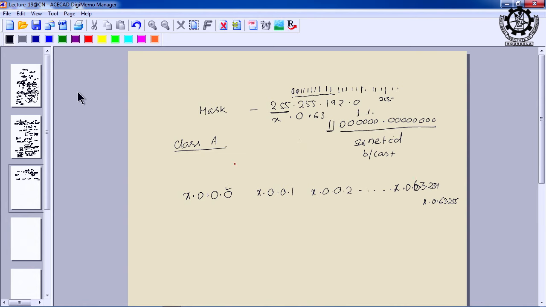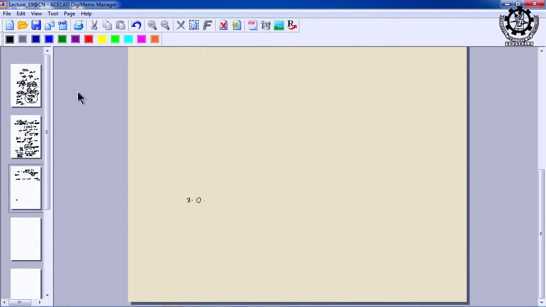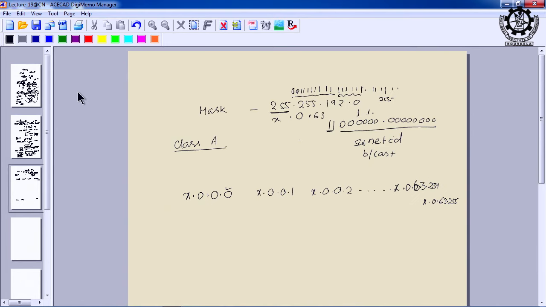Let me explain it here. You start with x dot 0 dot 0 dot 0, go on increasing, then the next number becomes x dot 0 dot 0 dot 1. Similarly, it goes on till the last one, 255, right? Then the next number, whatever was earlier 0, finally comes to all ones.